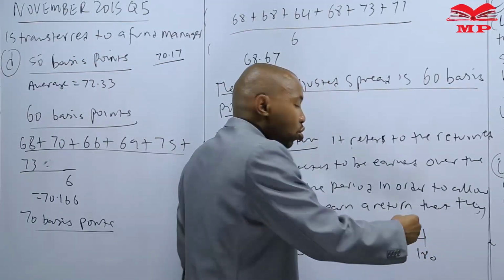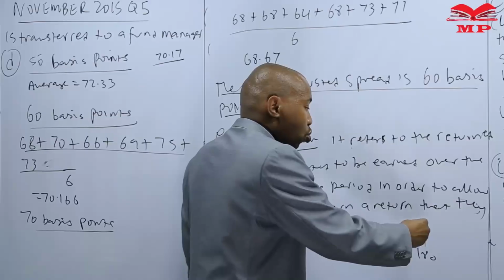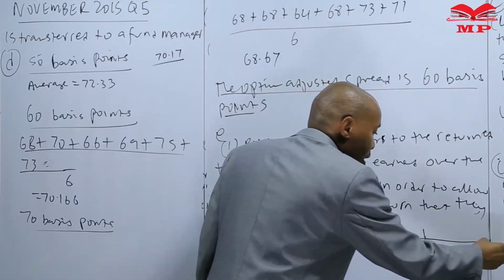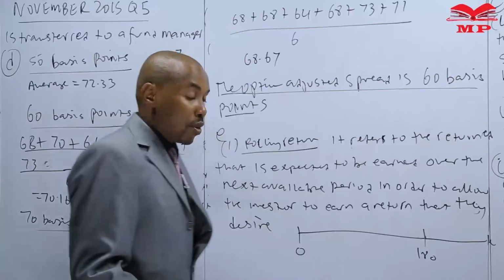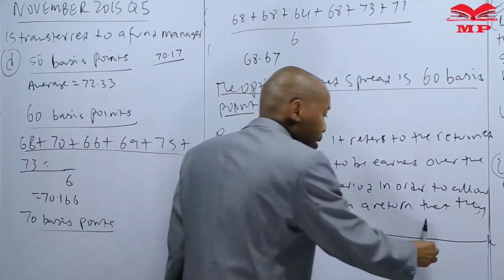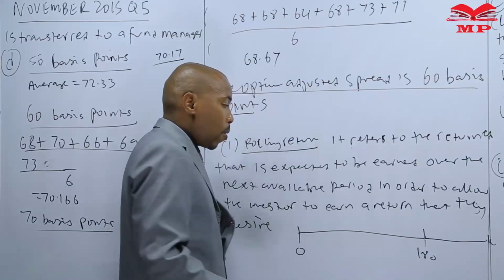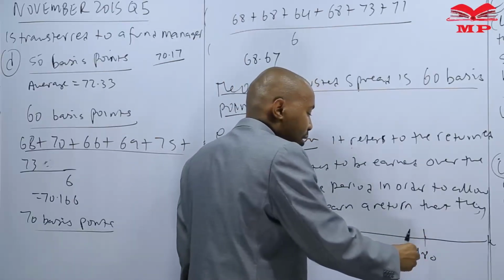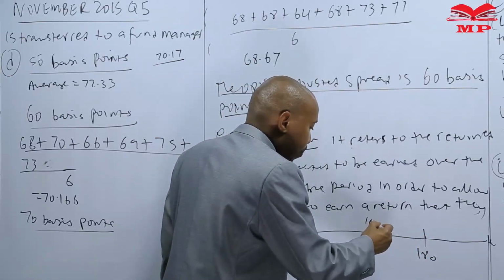They could decide to roll over or carry forward to the next available period in a similar investment. So we are holding maybe a fixed income security in form of a bond or treasury bill, and it's about to expire at 180 and you're earning a return of about 16%.